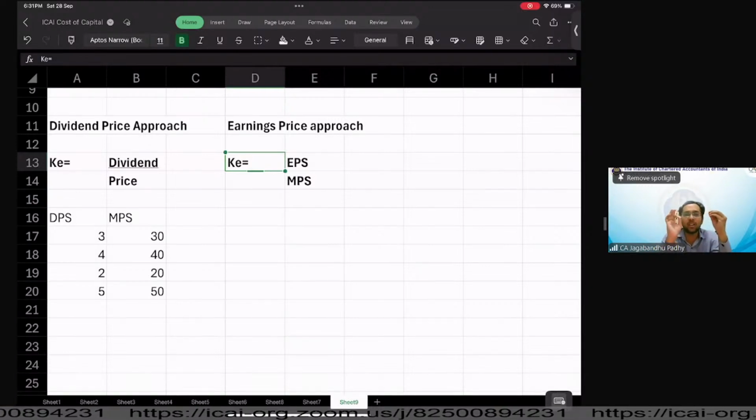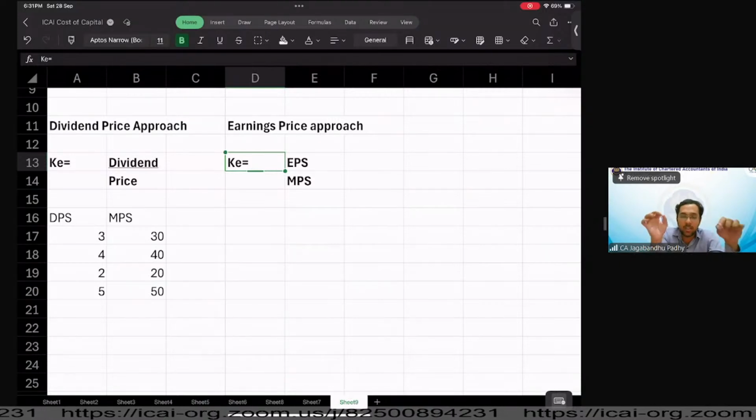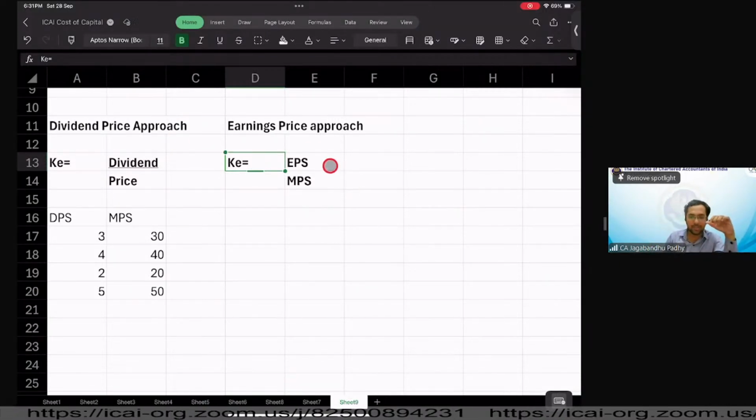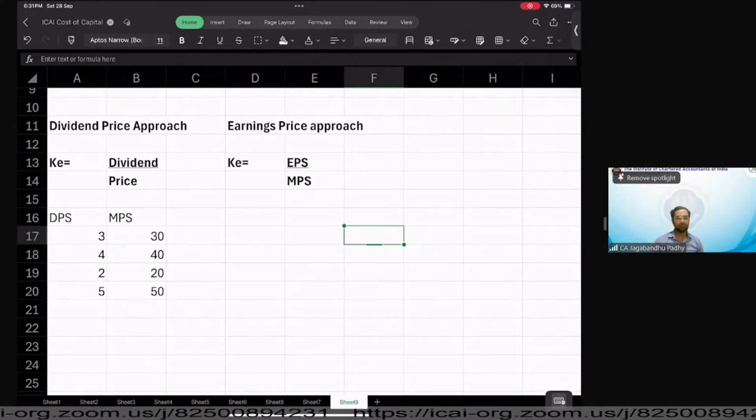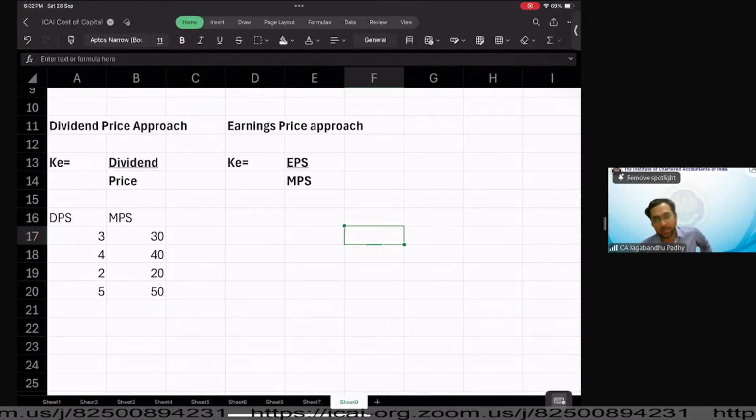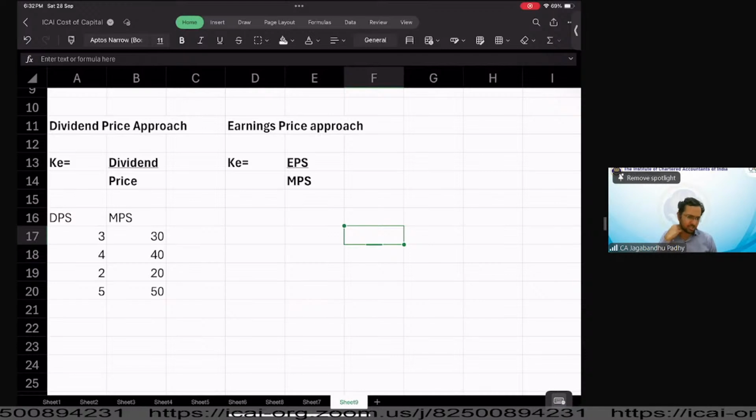This is calculated under the assumption that shareholders are not interested in the dividend of the company, but really interested in what amount of EPS is being generated by the company. Is it clear, everyone? It is income upon investment. Income is your EPS, and the investment is the market price that the shareholders are paying.